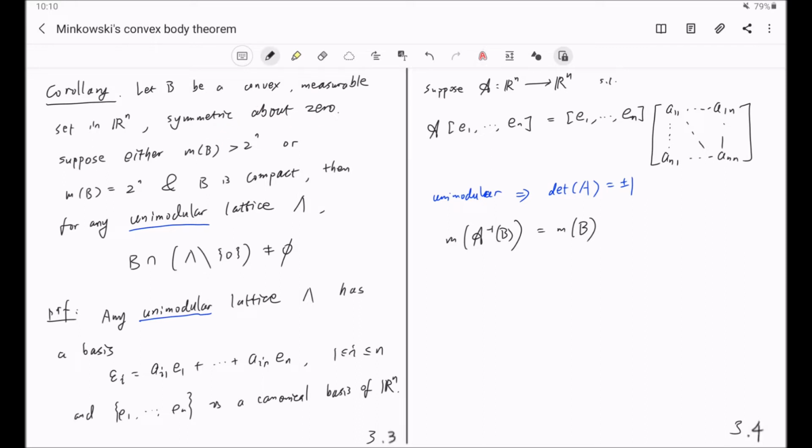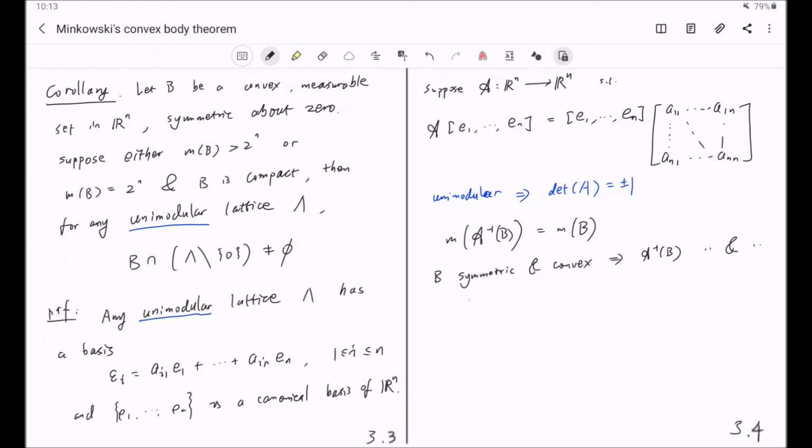And moreover, you can easily see that B being symmetric and convex implies that A inverse of B is also symmetric and convex. Because here A is an isomorphism of linear spaces, you should be able to check this directly with linear algebra. And at the same time, this script A is also a homeomorphism between two topological spaces.